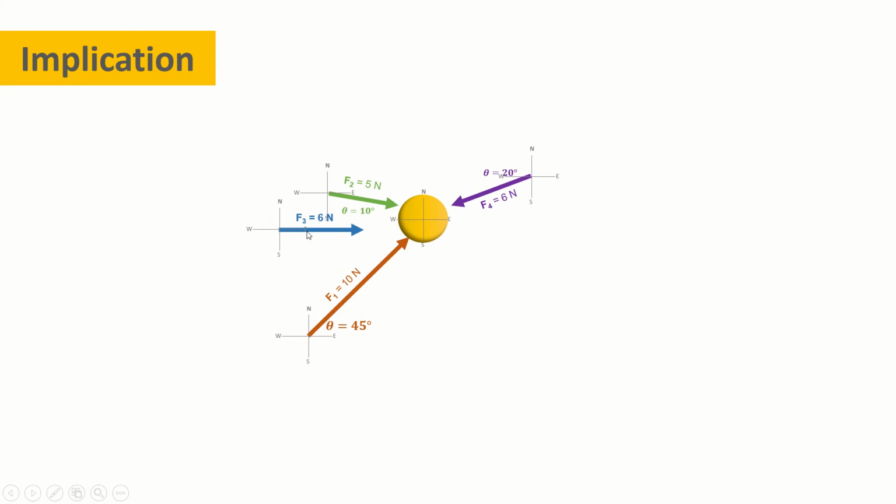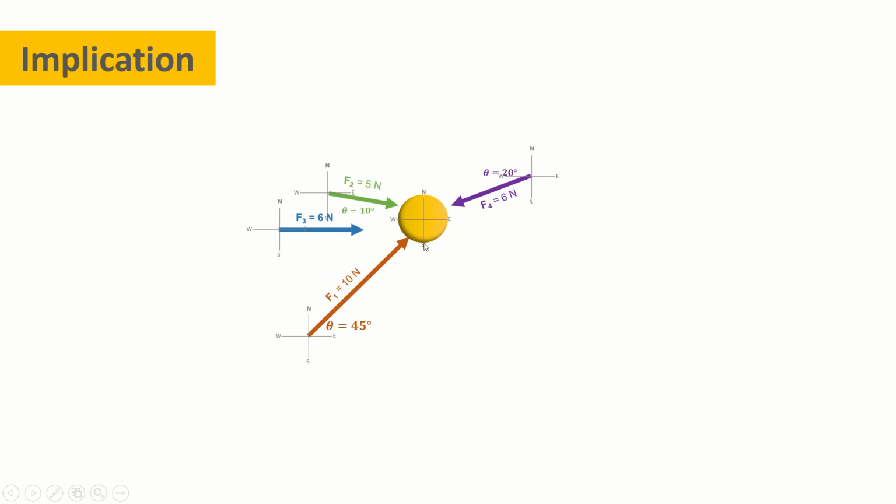And then, we have 6 newtons acting towards east. And then, we have here 5 newtons applied 10 degrees south of east. And then, we have here our force vector, which is 6 newtons, 20 degrees south of west.